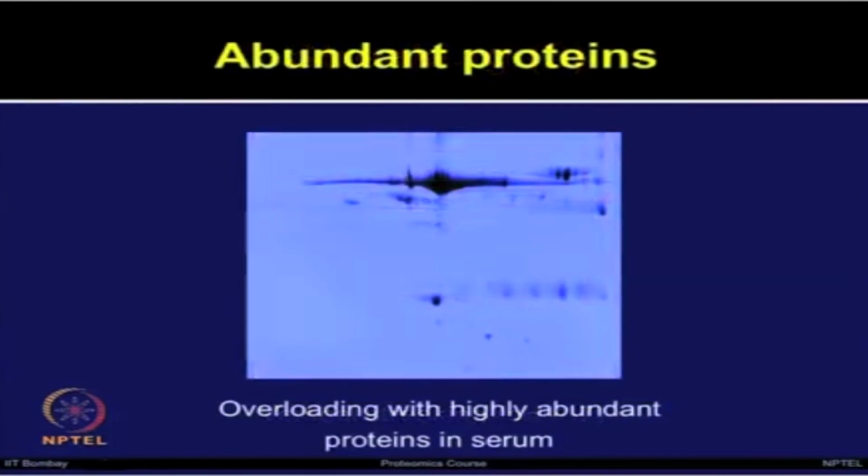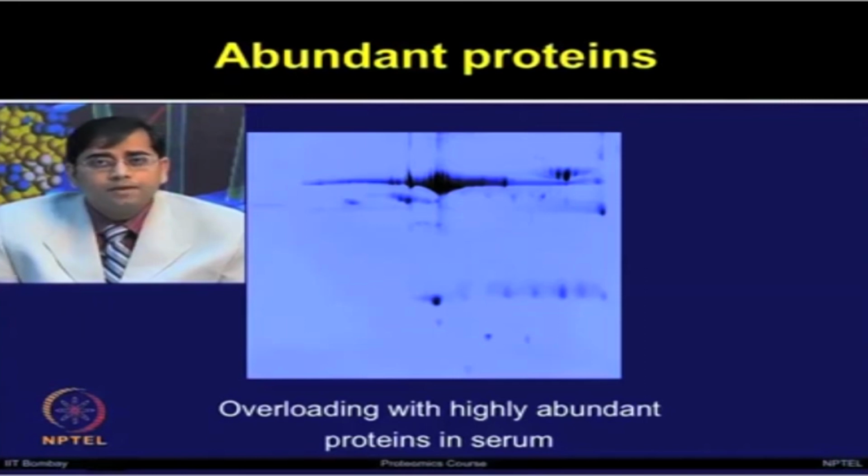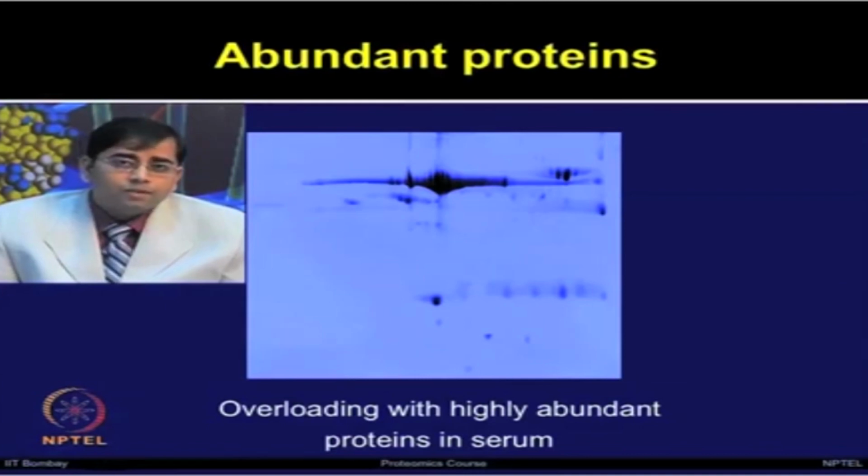Now, abundant proteins, as we briefly talked about last time, sometimes crude samples do contain highly abundant proteins and salts. So, abundant proteins are one of the major interfering components which can be easily seen on the gel. If you have a serum sample, there are many interfering components present in the serum, including some abundant proteins such as serum albumin. In plants, one can expect RuBisCO as one of the very large proteins present in the plant leaves.